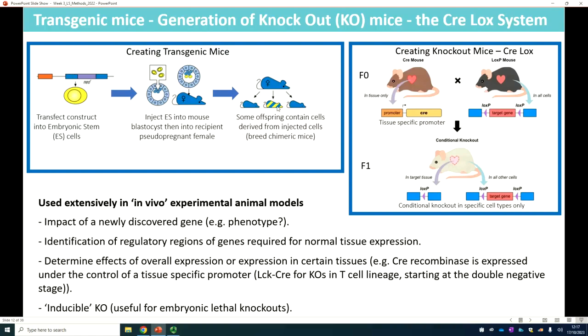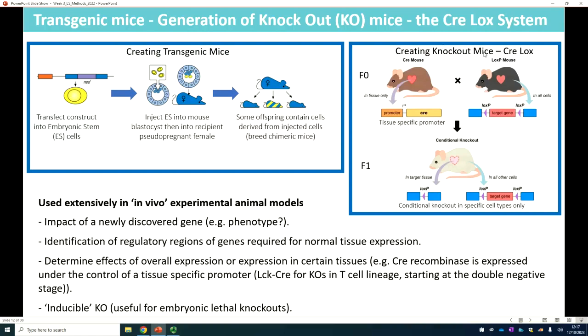You can then breed your chimeric mice together so that essentially you create your transgenic mouse strain. You just interbreed them to select for the traits that you want. So you obviously have to screen the mice for the presence of your transgene.